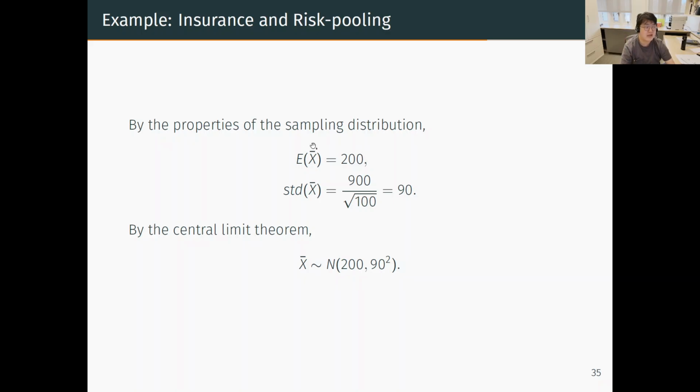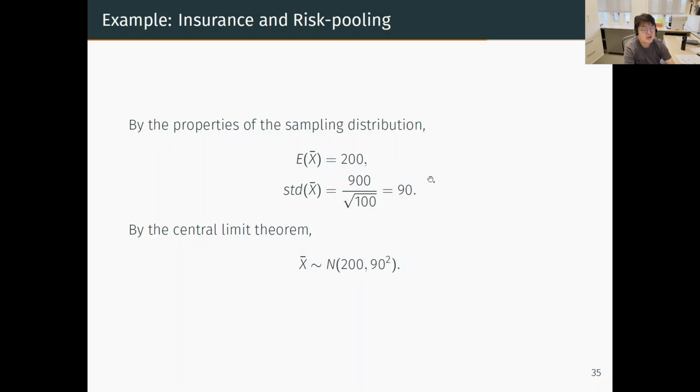The expectation of the average of 100 is the same as the expectation of a single person, so it's 200. But the standard deviation of the average of 100 policyholders is the single person standard deviation divided by the square root of 100, which is only 90, right?